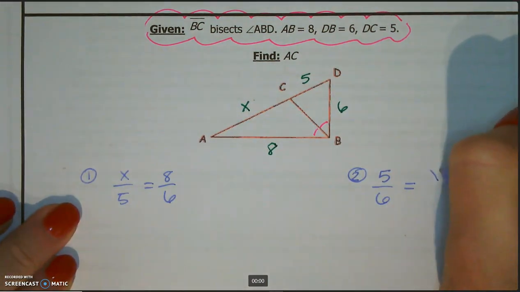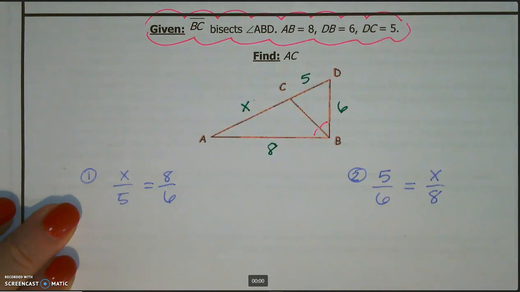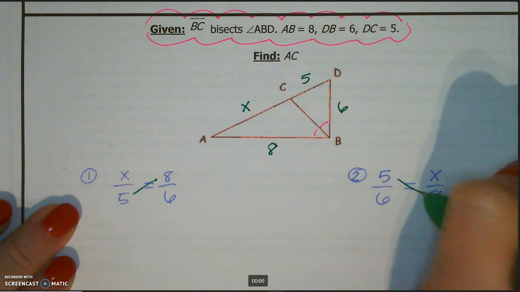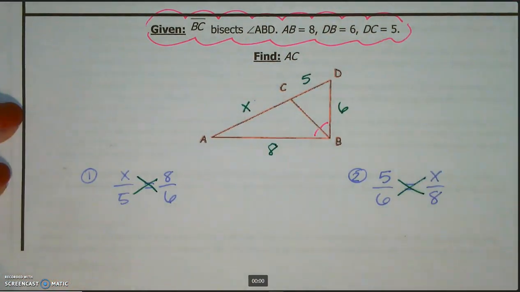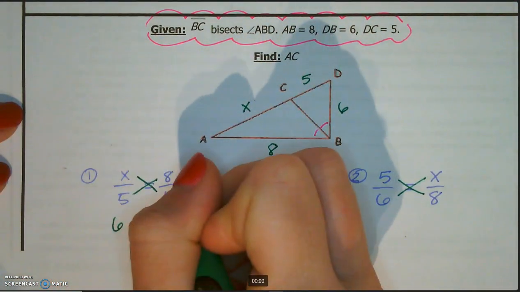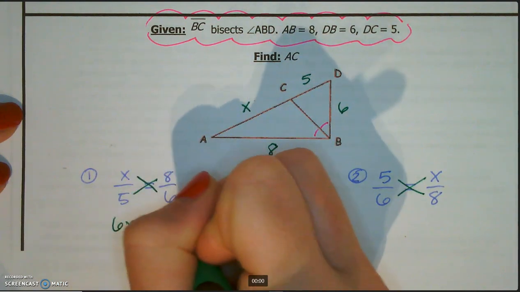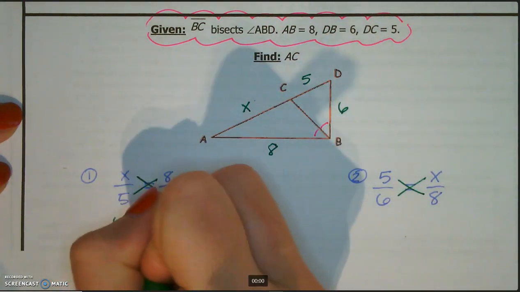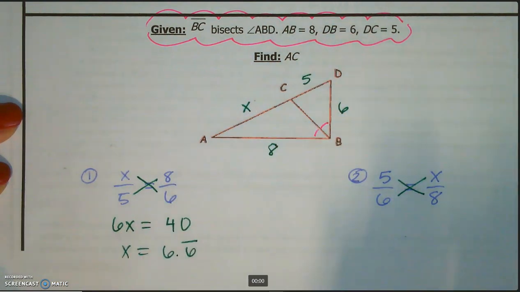That would have to be x over 8. All right, notice in both of these cases, the 5 is going to the 8, and the 6 is going to the x. So we have 6x is equal to 40. And then we can just divide by the 6 on both sides, giving us that x is equal to 6.6 repeating.